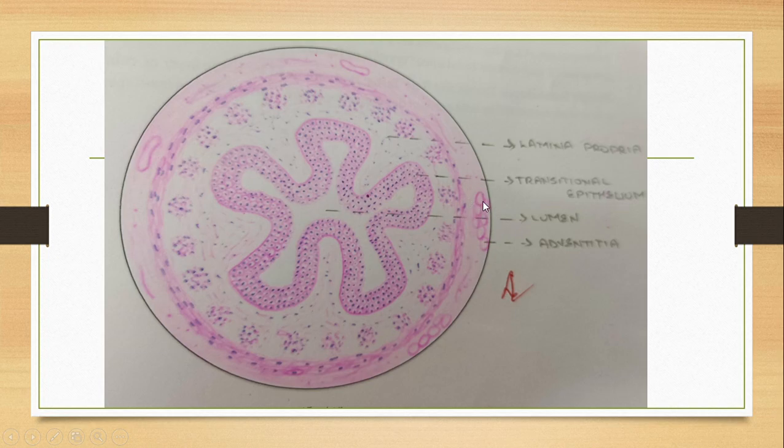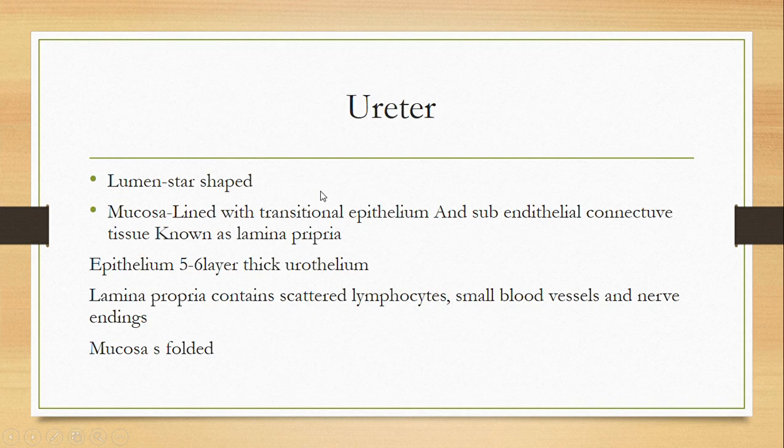They can be drawn as transparent rounded structures, and you can draw elongated cut sections of blood vessels. This is the area which represents the adventitia. The adventitia is a deep fascia or connective tissue that connects, separates and merges with the adjacent tissue. So this is how the ureter appears under the microscope.